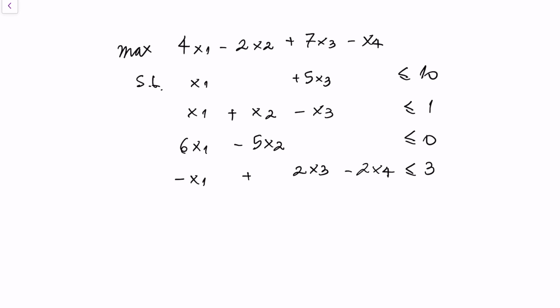And in this case, all my decision variables should be greater than or equal to 0, right? The non-negativity constraint. And all x1 up to x4 should be integer value. Okay, so to start the branch and bound method, we create the first node in that tree.